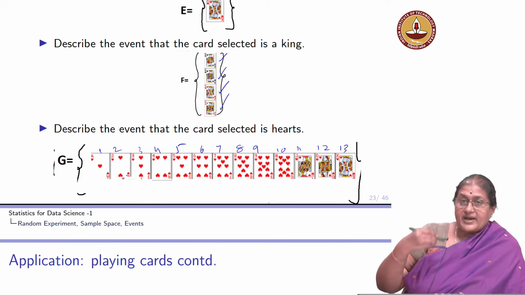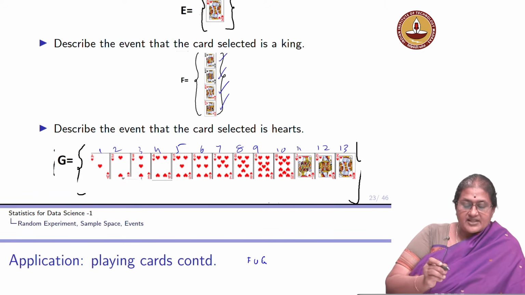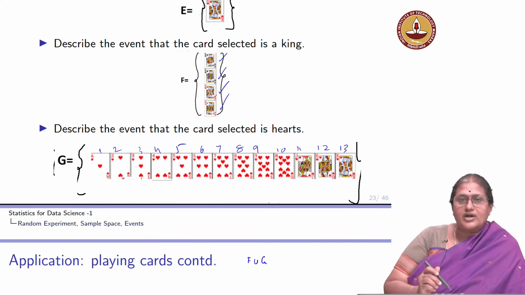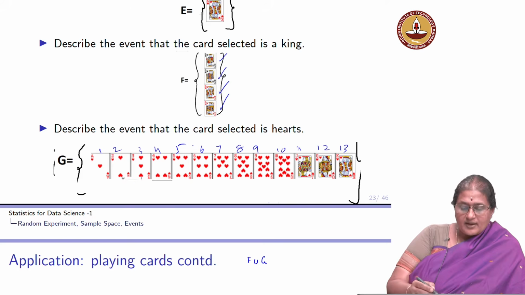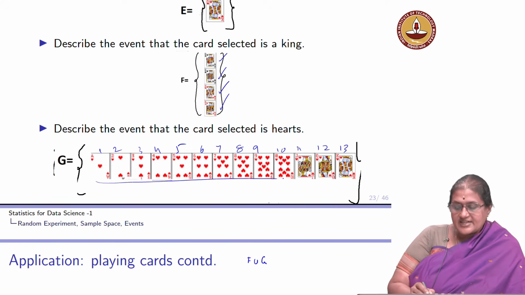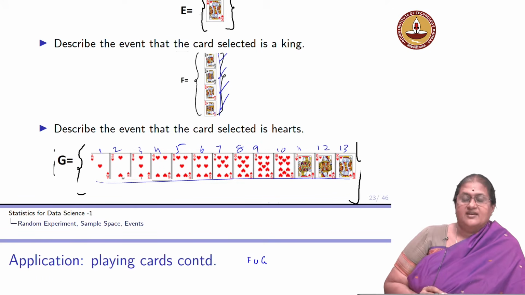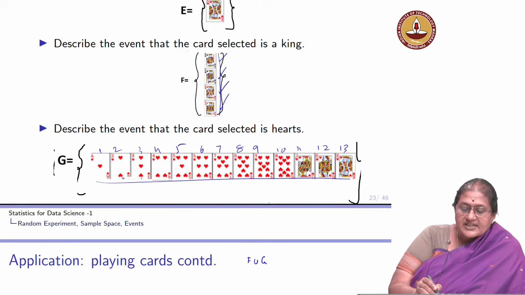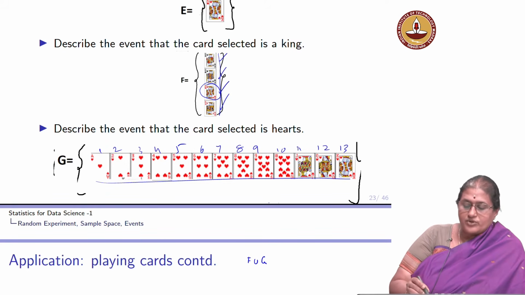So, by definition, the event F union G is the event that the card selected is either a heart or a king. If you look at the cards that would satisfy it, these cards are hearts, these cards are kings, and I can see that this card, the king of hearts, is common to both of them.